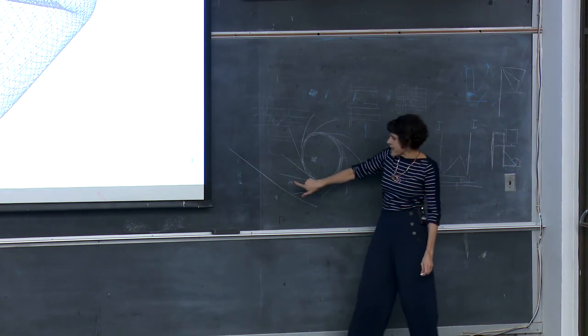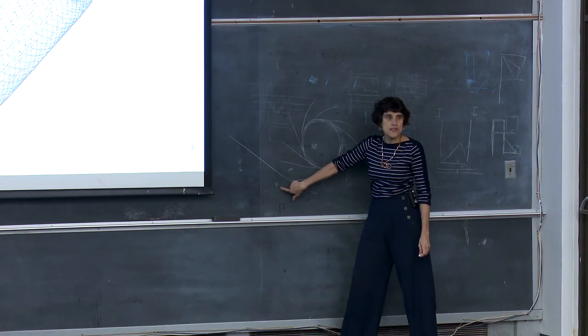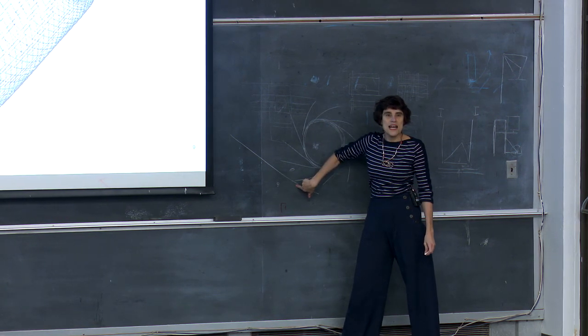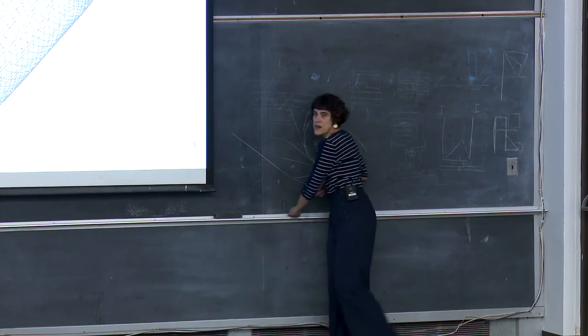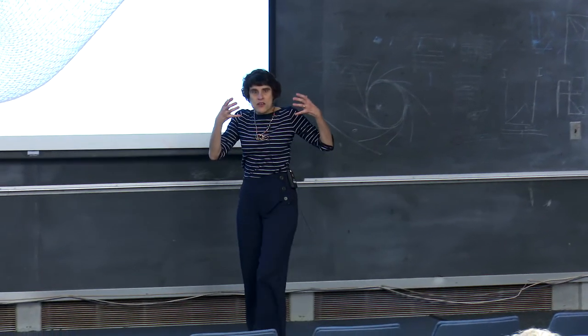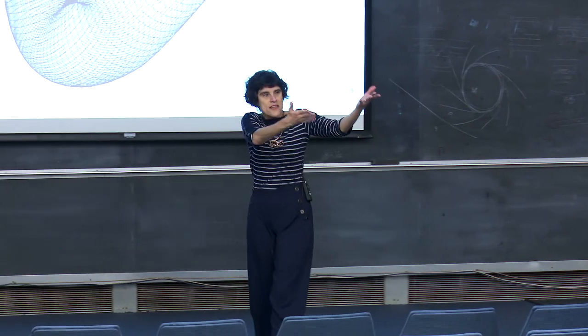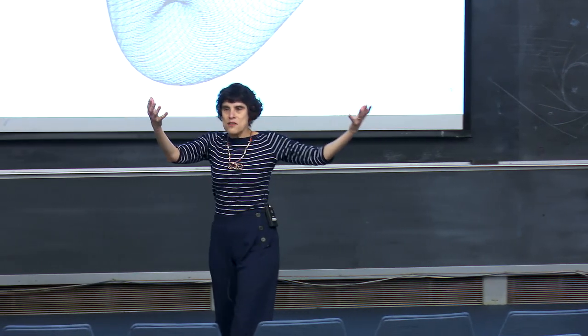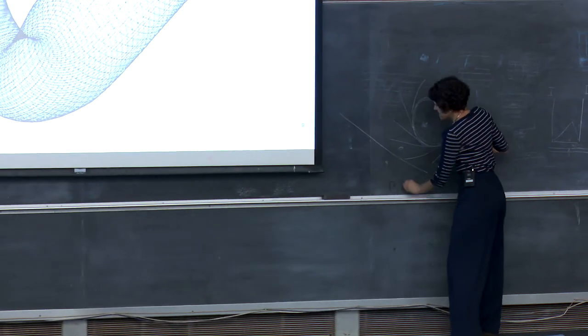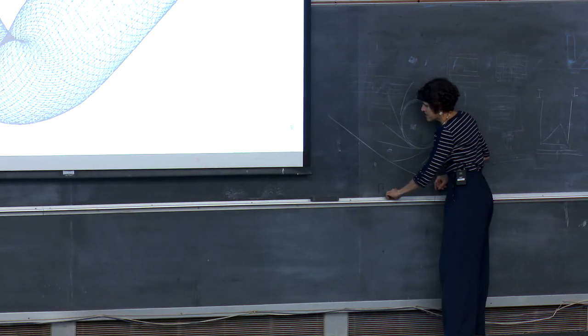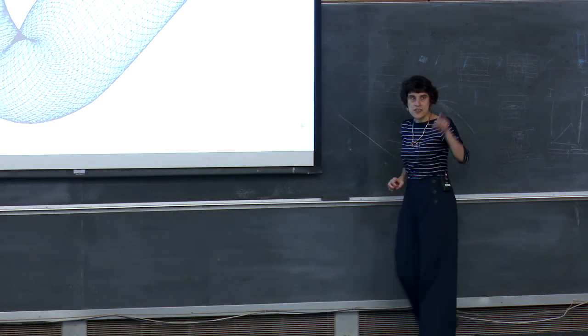Well, on the blackboard, I can't go from this point to this point without crossing this line. But if I have one more dimension, I can. Well, in the same way, we cannot construct an honest Klein bottle in our 3-dimensional space. So we do this picture with self-intersection that represents the object that does not have self-intersection.